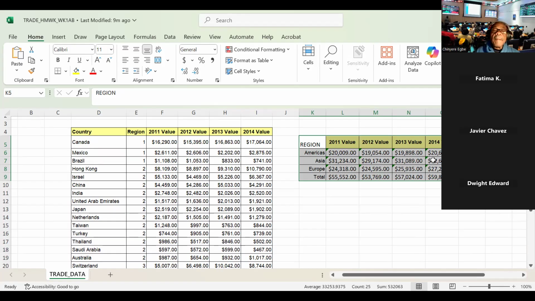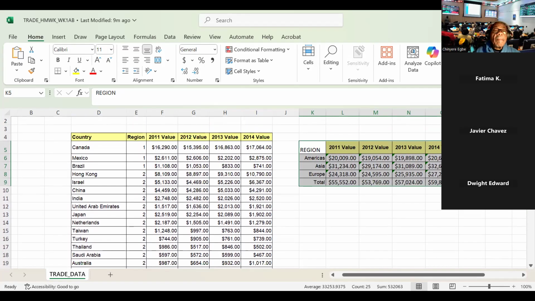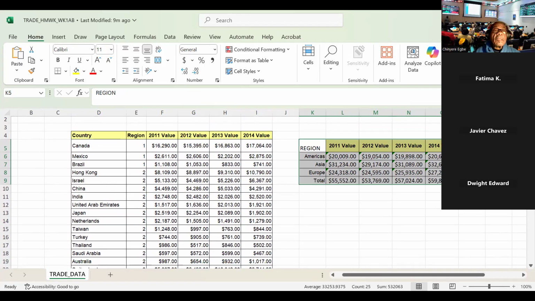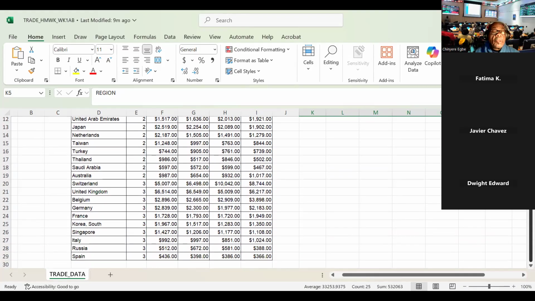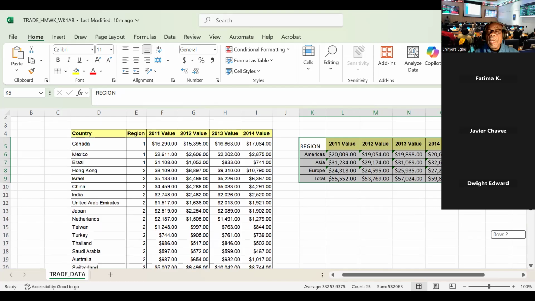Now, as you can see here, US trade, actually New York State trade, according to region. Region one is North America, the Americas, and region two is Asia, region three is Europe, I believe, and this is total trade.